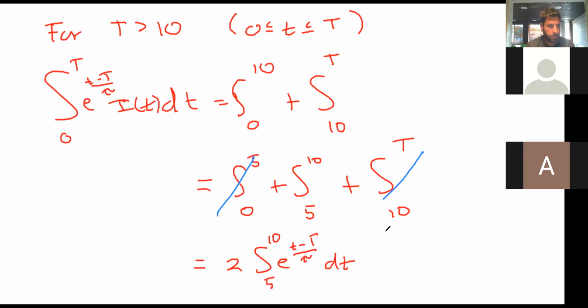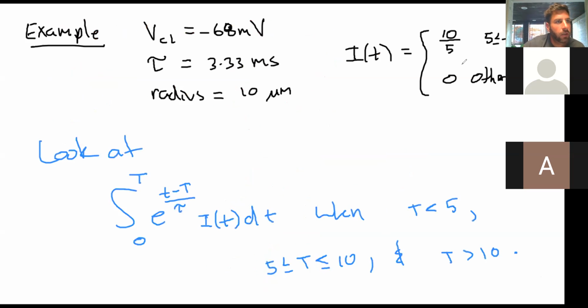Can you explain how you get that range, like 0, t is greater than 0? Okay, I'm choosing that because if you go back to the original statement of the problem, the times that matter are 5 and 10. So before 5, I is equal to 0, and after 10, I is equal to 0.